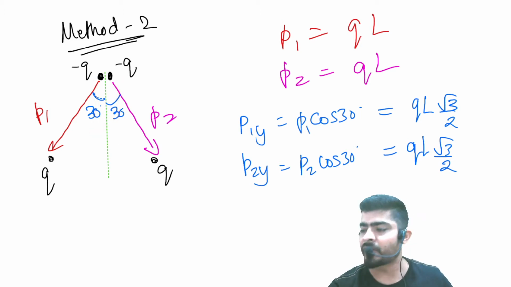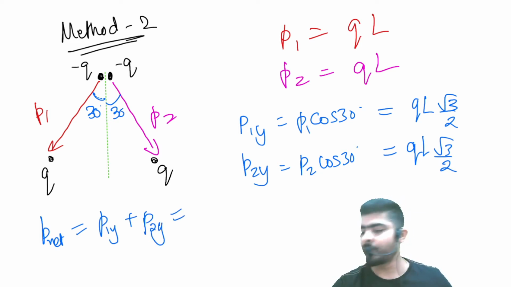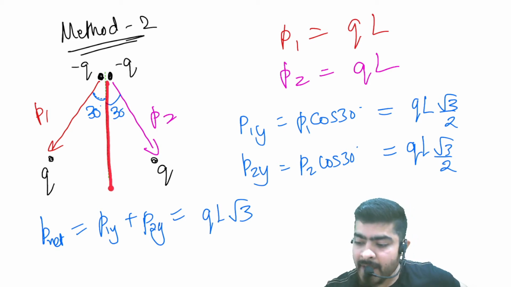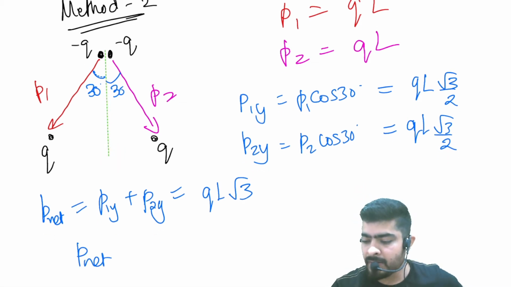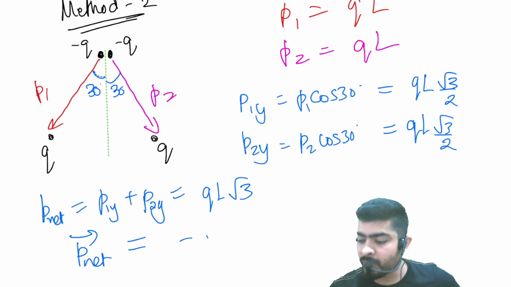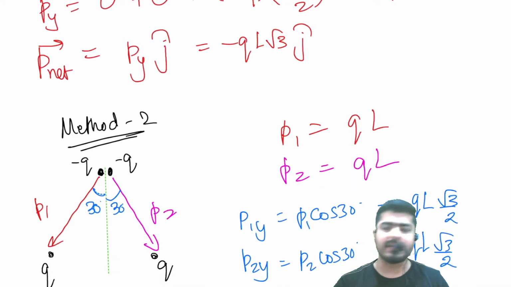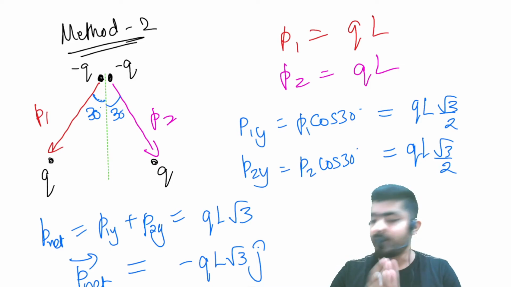So they are added together to obtain the net dipole moment. So P1y plus P2y. So when you add them together, you get QL root 3. Clear? And because the net dipole moment is in negative y direction, I can write down net dipole moment vector equal to minus QL root 3 j cap. Okay, so we got the same answer as the previous case. All right, so these are the two ways in which you could solve the questions of multiple charges.